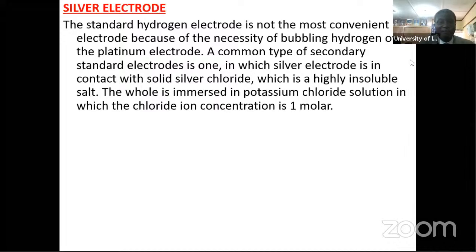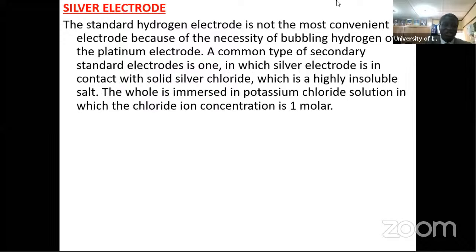So because of that, we have some types of electrodes that we call secondary electrodes. Secondary electrode in the sense that they have been measured against hydrogen electrode, and because of that, you can now use them invariably to measure others, because they have a well-known electrode potential.